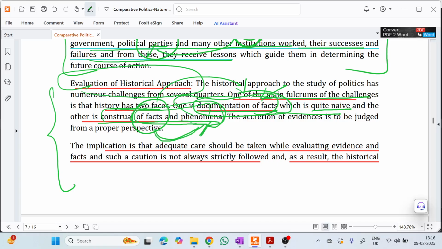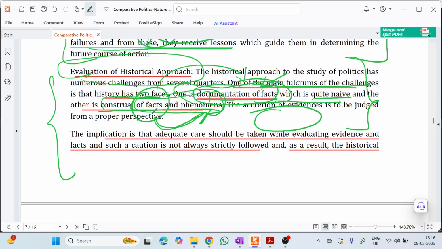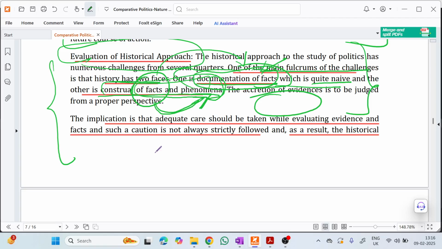It is the subjective interpretation of the writer himself. Then we need to arrive at some interpretation which will have some biases. So these are the two challenges associated with the historical approach.